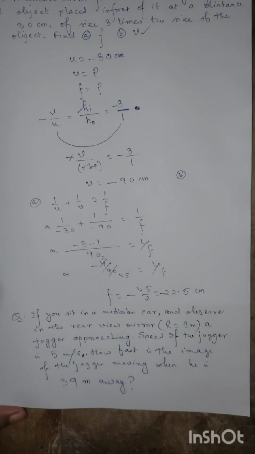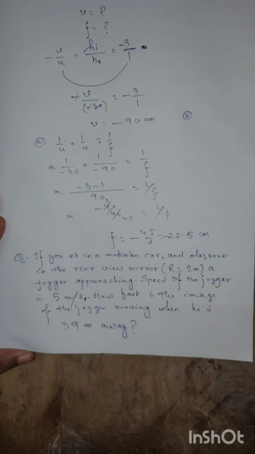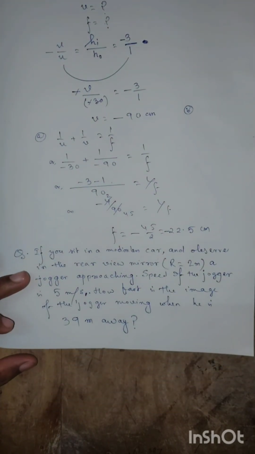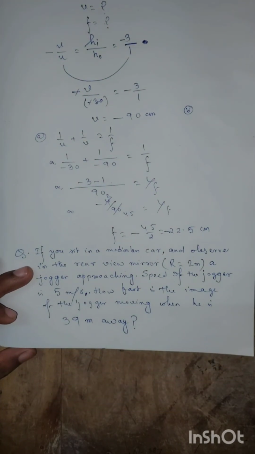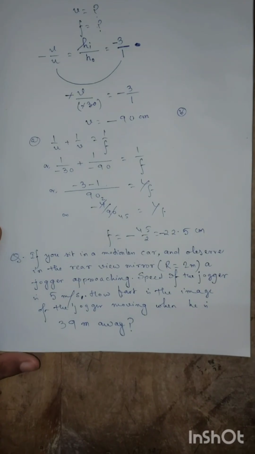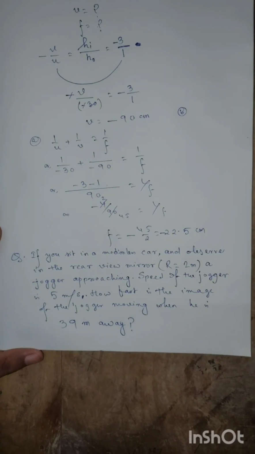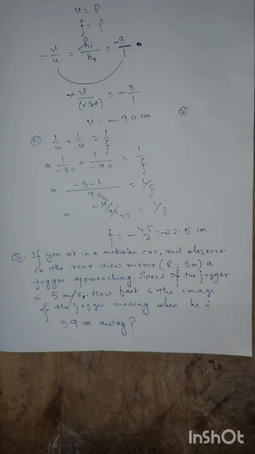Now friends, let us look at this question which says, if you sit in a motionless car and observe in the rear view mirror, radius of curvature of that mirror is given, a jogger approaching, speed of the jogger is 5 meter per second.